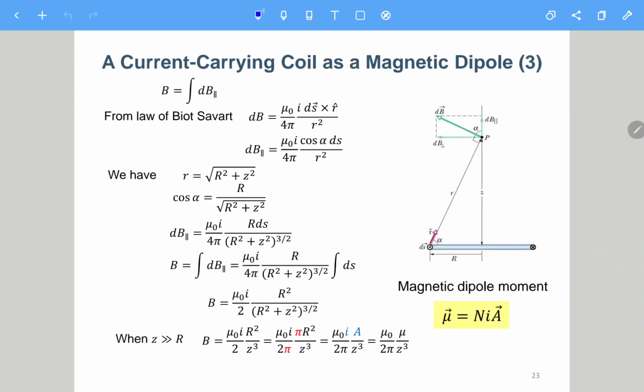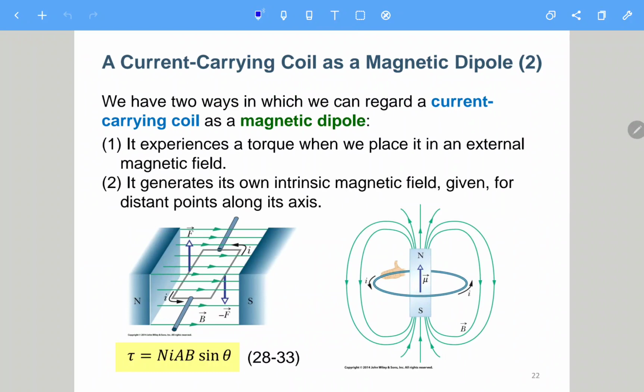Before the derivation of the equation, here we see a current carrying coil as a magnetic dipole. It says we have two ways in which we can regard a current carrying coil as a magnetic dipole. The first one is that it experiences a torque when we place it in an external magnetic field.